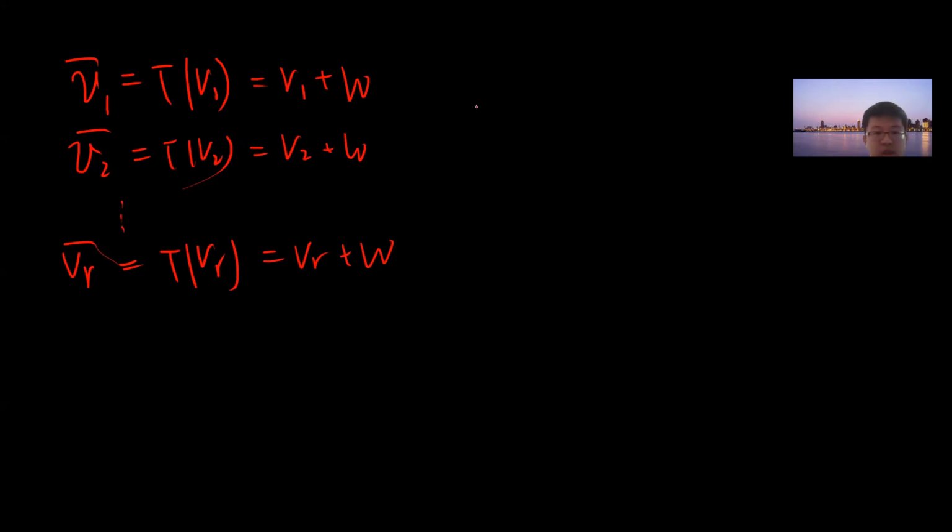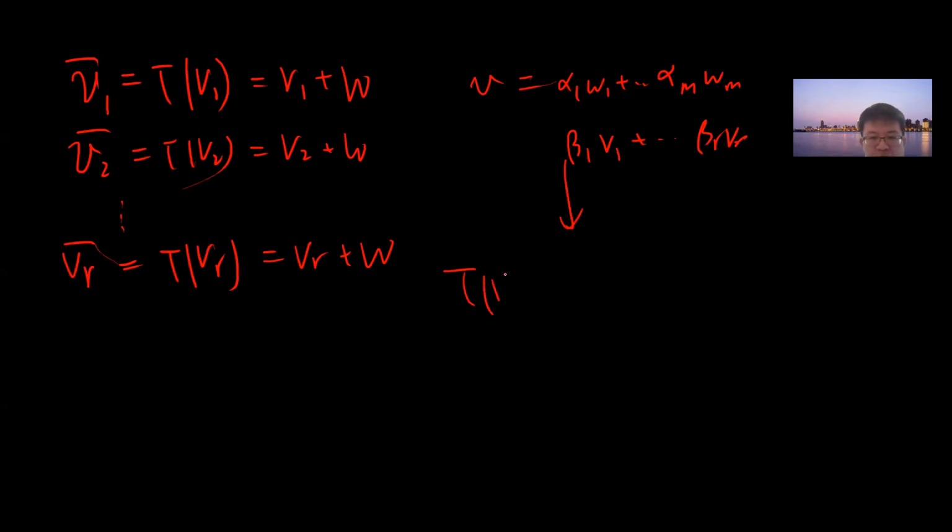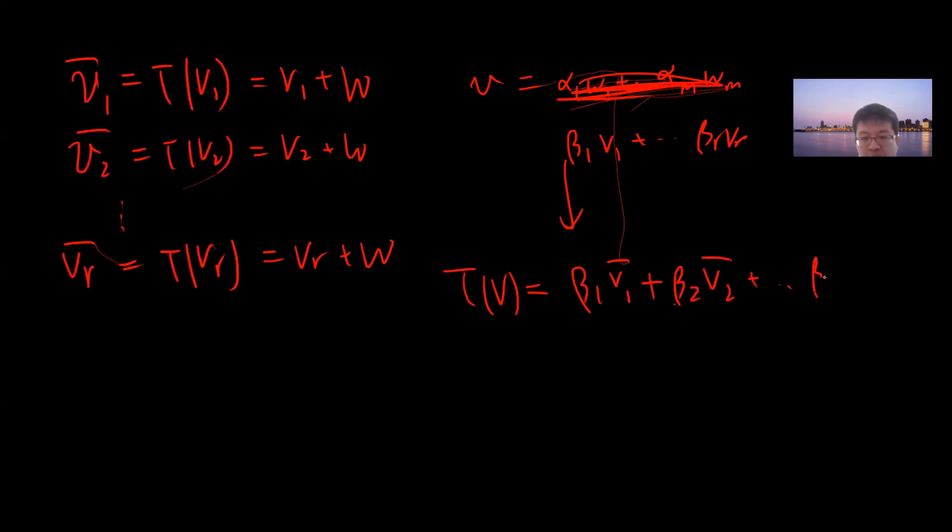Okay. So you see any vector V can be written as alpha 1 W1 up to alpha m Wm, and also beta 1 V1 up to beta r Vr, by construction. Then you go into the image, so TV becomes beta 1 V1 bar plus beta 2 V2 bar up to beta r Vr bar, because all of the W part is cut out.